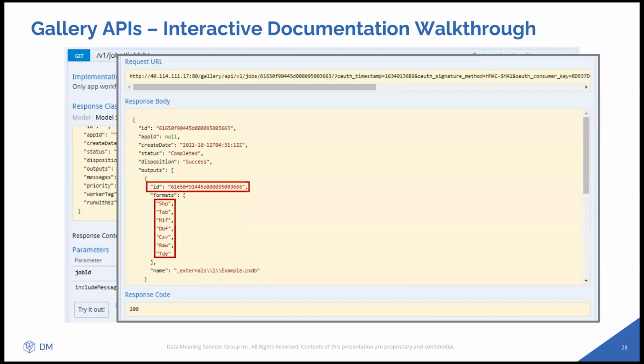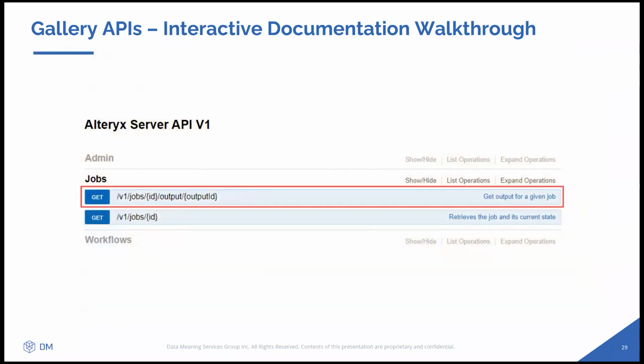And those are the formats that you can download that file. So you can download that as a CSV, for example, right? So you see CSV on that list. And this is the name of the file within the workflow, right? So example YXDB. So whenever you have a YXDB file within the workflow being generated, you can download that in all those formats, okay?